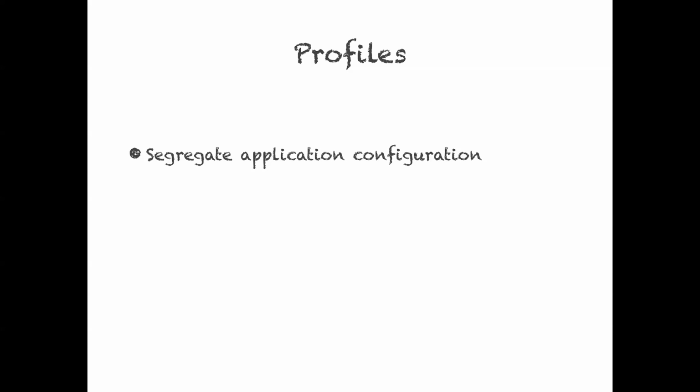All right, so just a recap of profiles. It's a good way to segregate your application configuration depending on which environment you want to run your application in. I just showed you an example of profile-specific property files, but you can also use the profile annotation on, let's say, configuration classes or beans that you want to create only in a specific profile.